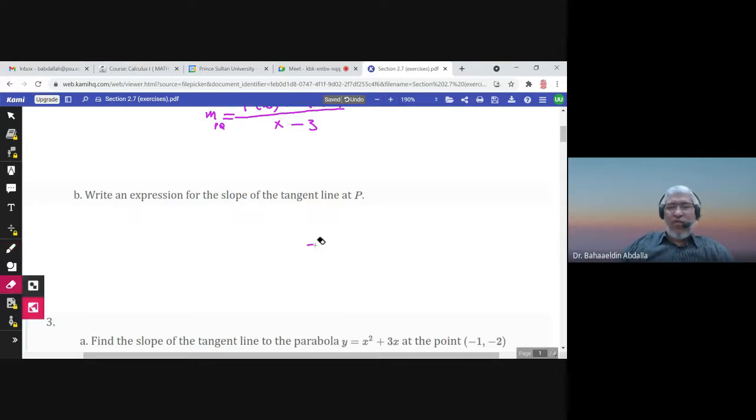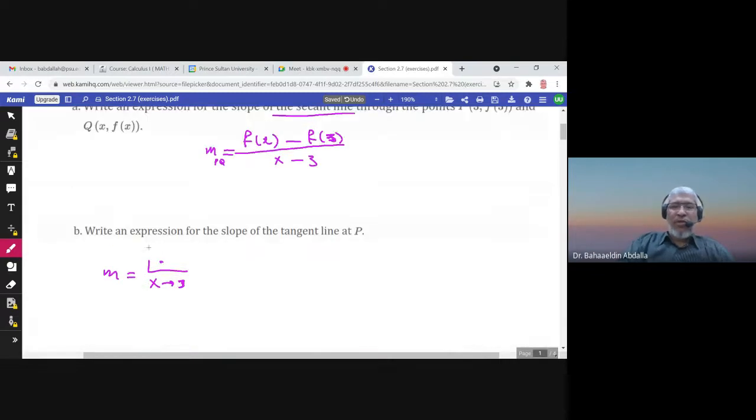Well, the slope of the tangent line at P is given by the limit as x approaches 3 of the slope of the secant line.